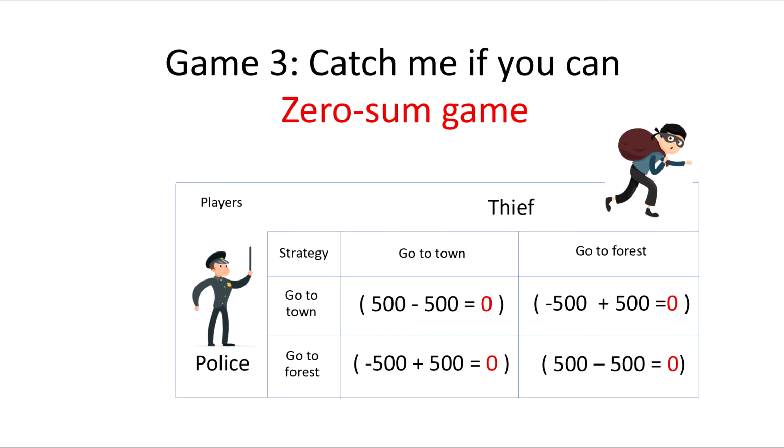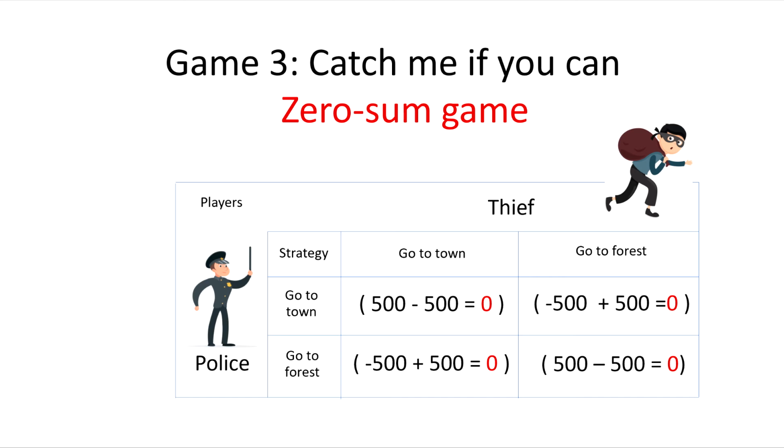You can notice that this is the zero-sum game. When one side gets a positive outcome and another side gets a negative outcome, the summation of the payoffs would be 0. If one side gets the positive payoffs, then another side will lose and get the negative payoffs.